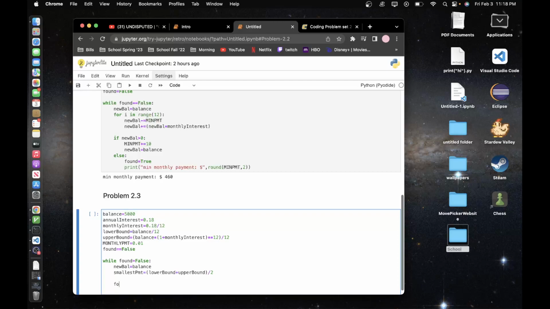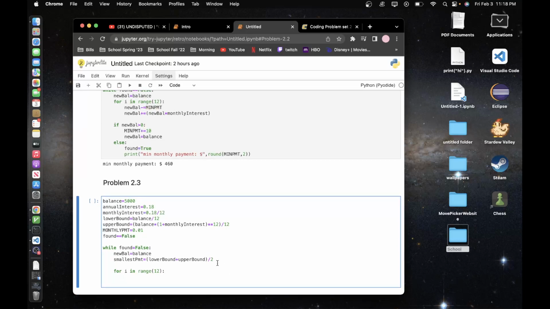Now we start the for loop. For i in range 12. New balance minus equals, like in 2.2, minus equals the smallest payment, and then we're adding new balance times the monthly interest.